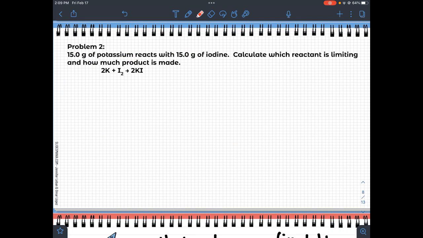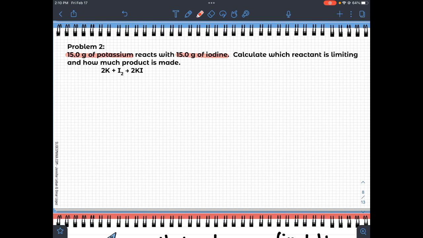Let's continue with problem 2. So problem 2, again, gives us a balanced equation, and it tells us 15 grams of potassium reacts with 15 grams of iodine. Now, notice that these are the same mass. That actually is not going to be helpful because they're different chemicals, they have different molar masses, so you cannot compare the grams.